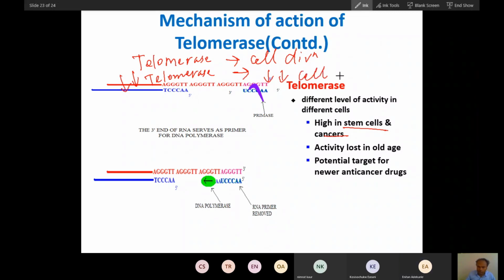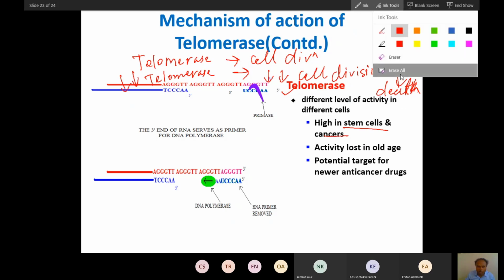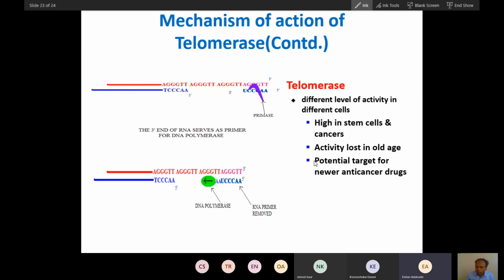That happens in old cells. If low cell division, there will be no cell division, meaning ultimately this will lead to death. Did you get that? First aging, then death. As people age, the rate of rejuvenation of cells slows down because telomerase activity is low. So this is how telomerase is related to aging. Did you understand now? Yes, thank you.